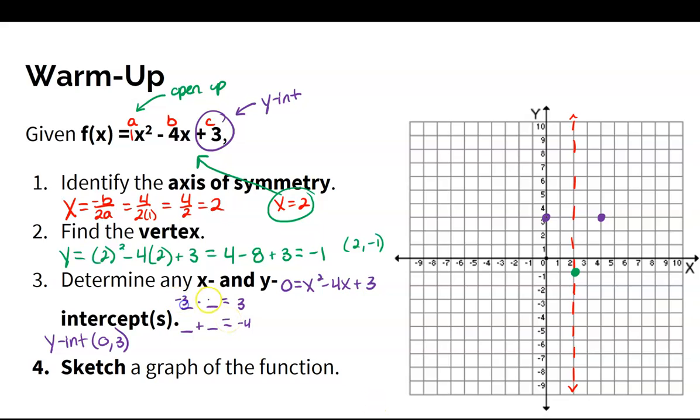But we're okay because we have negative 3 times a negative 1, or a negative 3 plus a negative 1. So we'll have 0 equals x minus 3 times x minus 1. We'll set each of these equal to 0 and solve. So we have a positive 3 as an x-intercept and a positive 1.